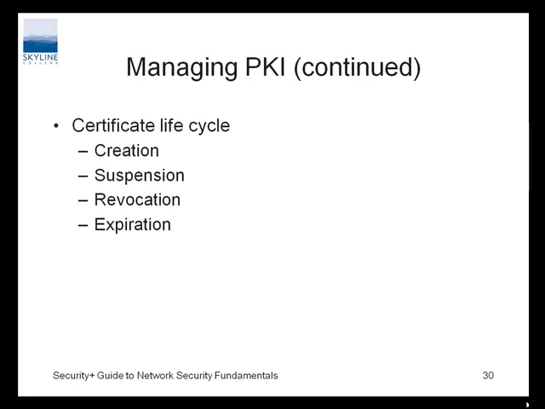The certificate life cycle, and I'll try to go through this quickly because there's no real magic here. We have creation, suspension, revocation, and expiration. Creation, obviously, is when you create the certificate. Suspension is a temporary revocation, where we say something may be wrong, I may have lost it, and then we find it, so you can suspend the certificate.